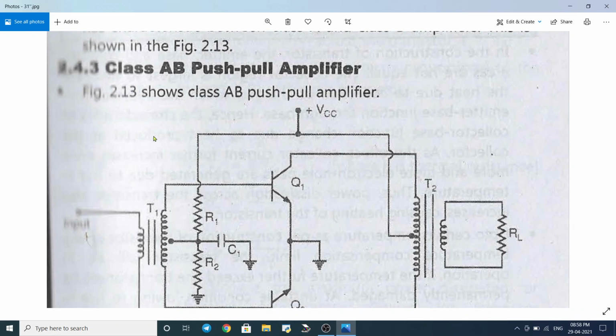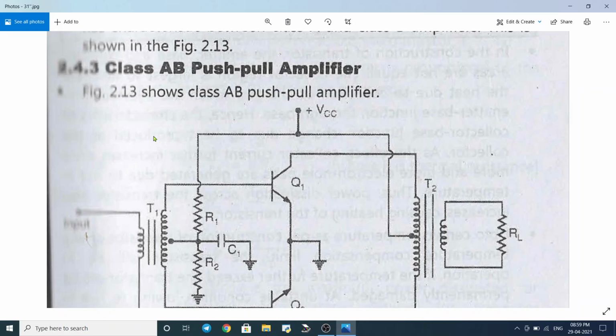And the remedy, that is the solution to overcome the crossover distortion problem, is to apply small forward bias on the transistors Q1 and Q2 of class B power amplifier.